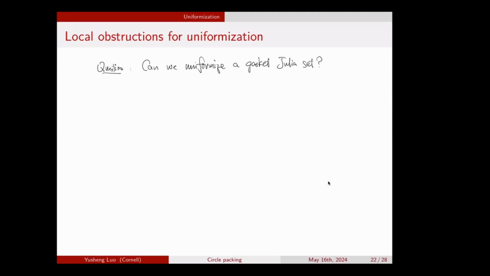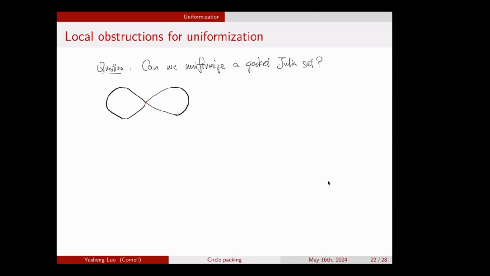All right, so there are some local obstructions for the uniformization. For example, the first type of obstruction comes from two circles. In general, if you have two Jordan domains, the two Jordan domains might touch, but this touching point might have some angle in between them.